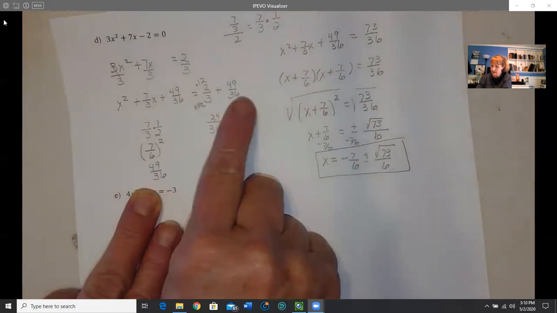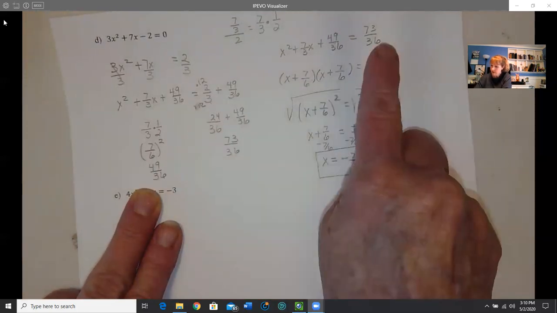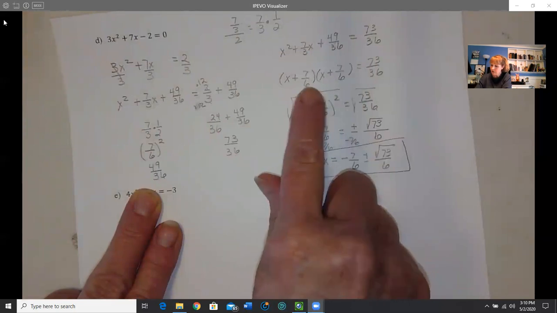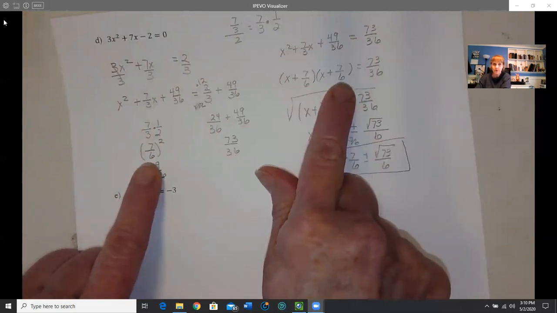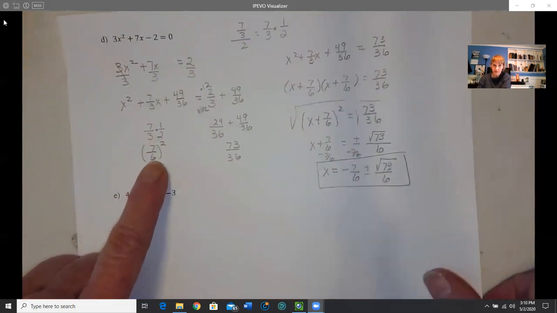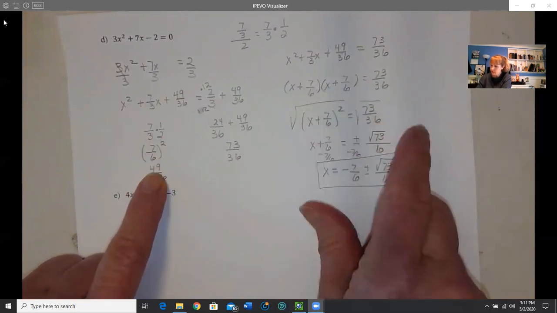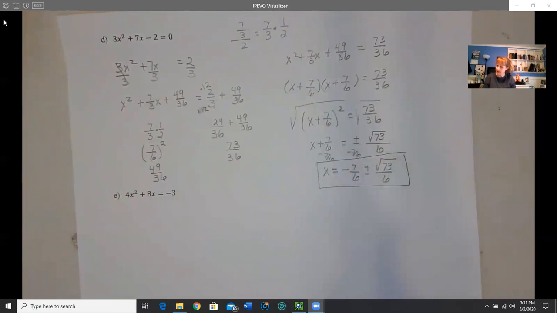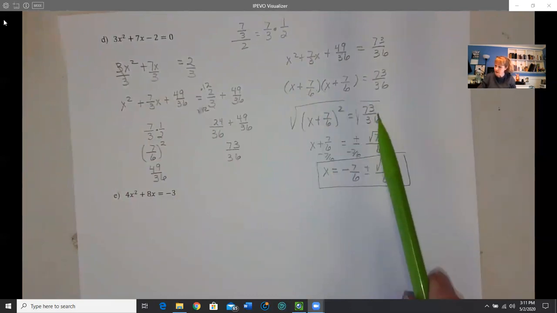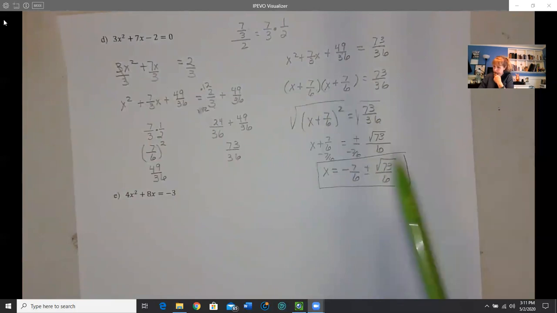I added these together. Then you factor. How do you know the 7/6? It'll always be what you squared. And then just take the square root. Don't forget your plus or minus. Reducing each of these, if they can be. If not, leave them. And then brought the 7/6 over. Okay, wow. Let's try another one, you guys.